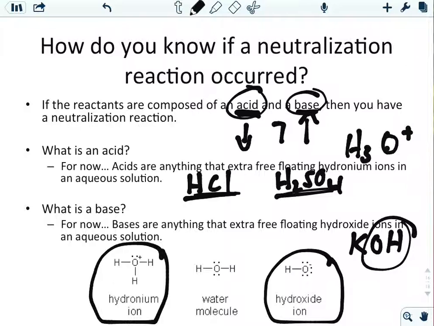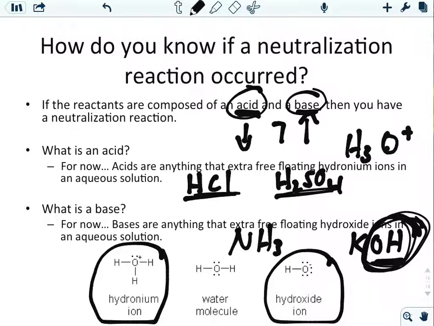So anytime you see a hydroxide on the end of it, that's the basic of it. There are some exceptions to that, like ammonia, NH3. That's actually a base. It doesn't have that OH hydroxide, but it is considered a base. For anything that we're going to use right now, just look for that hydroxide.